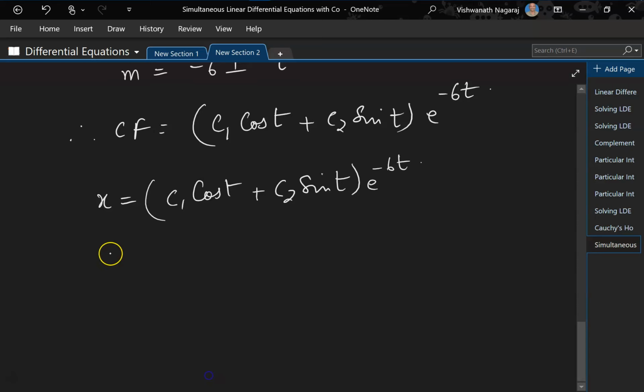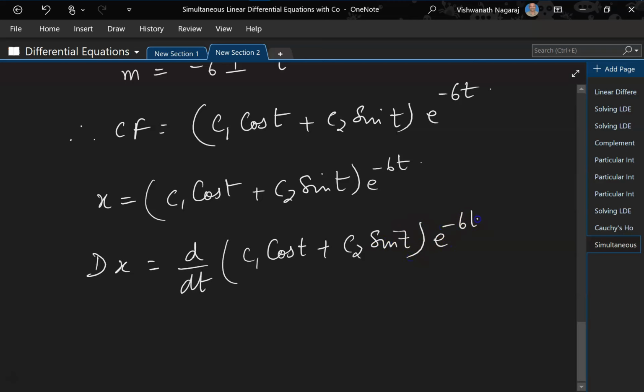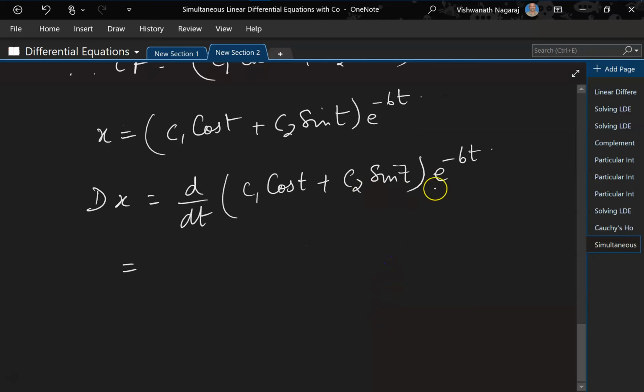So let's first figure that out: Dx is equal to d by dt of (c1 cos t plus c2 sin t) e to the power of minus 6t, right? So now we have to apply the product rule.